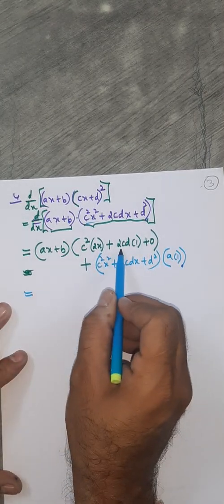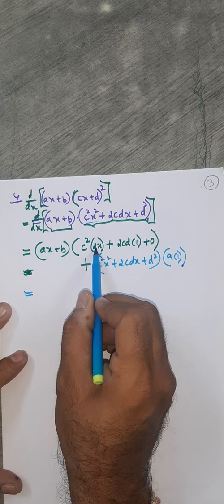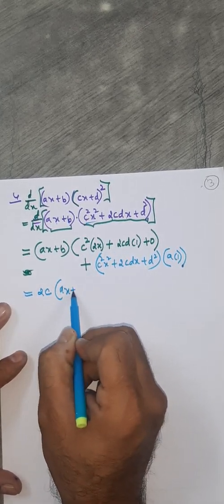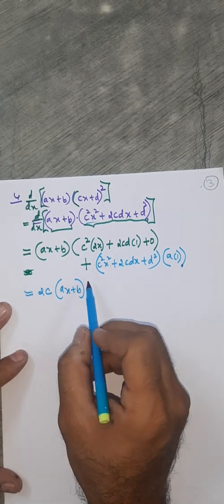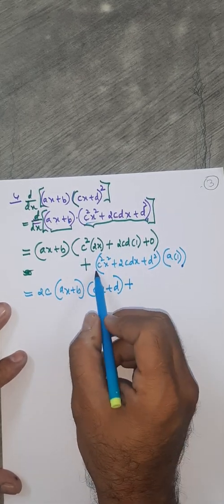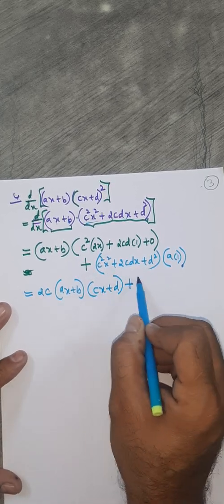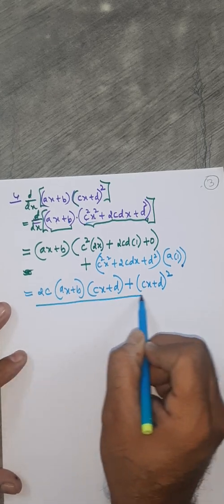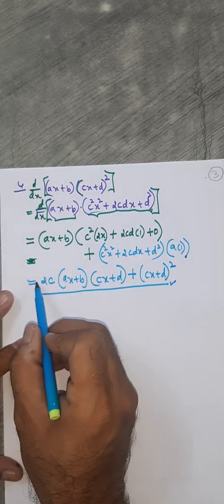Now if you want to just match the backside answer, you can open the bracket, or if I just simplify, you can take 2c common from this. So ax plus b as it is, if I take 2c common, you will get cx plus d, plus this is that perfect square, cx plus d the whole square. That's the required derivative. This step is not important.